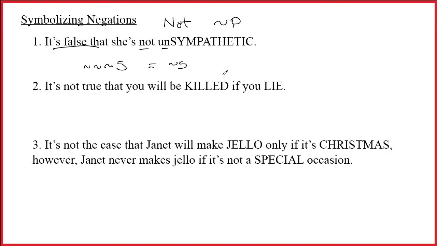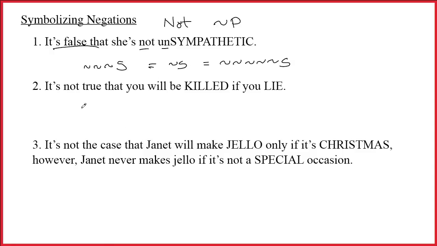The basic principle is that you can add or subtract two tildes at any time. So what else would be correct? Well, if you just are fond of tildes, you could write 1, 2, 3, 4, 5 tilde s. 5 tildes, 3 tildes, 1 tilde, it's all the same thing. All right, you get the basic idea.